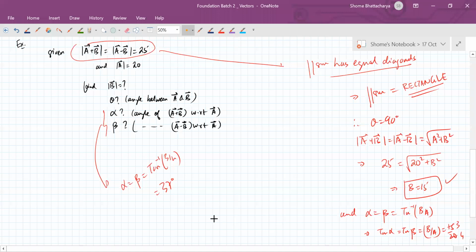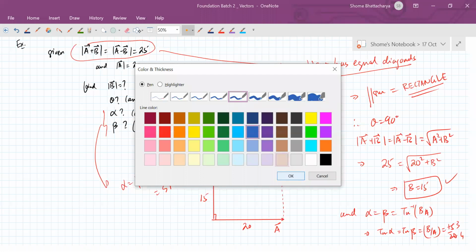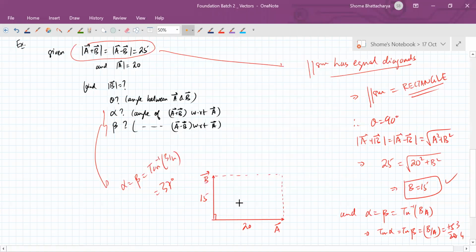Okay, so now that you understood this, you can also just visualize the rectangle, and that will justify what we've discussed here. Two vectors perpendicular to each other having magnitude 15 and 20 will always have this situation that the sum and difference will be of same magnitude 25 and they will be at the same angle with respect to A. So A plus B will have a magnitude of 25, and from this triangle you can see this side is 15, this side is 20, so this angle has to be 37 degrees.